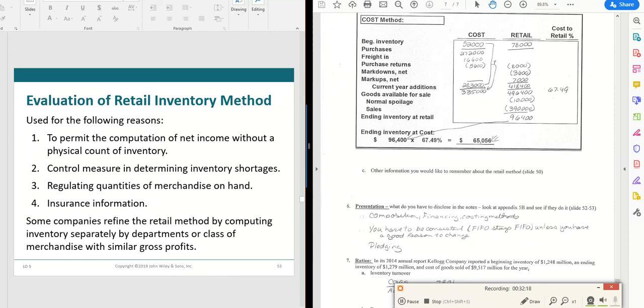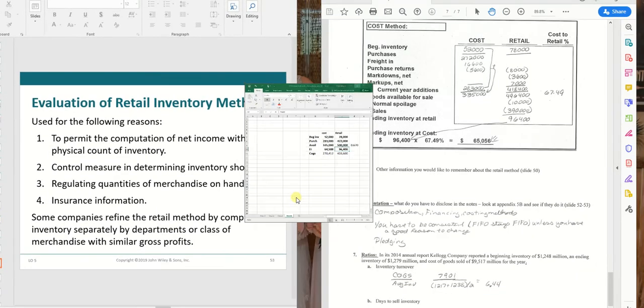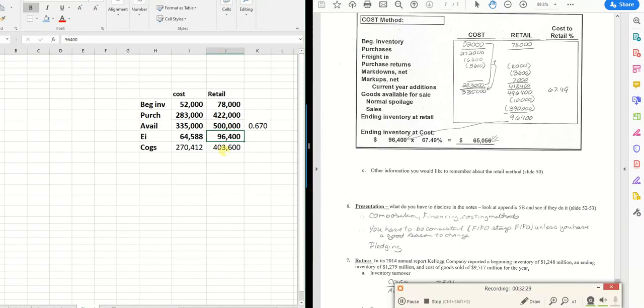I could back into my ending inventory just based on my sales amount, because I could determine sales, this is sales again, from my register, because sales at retail, if I took 67% of those, I'm going to get my cost of goods sold.